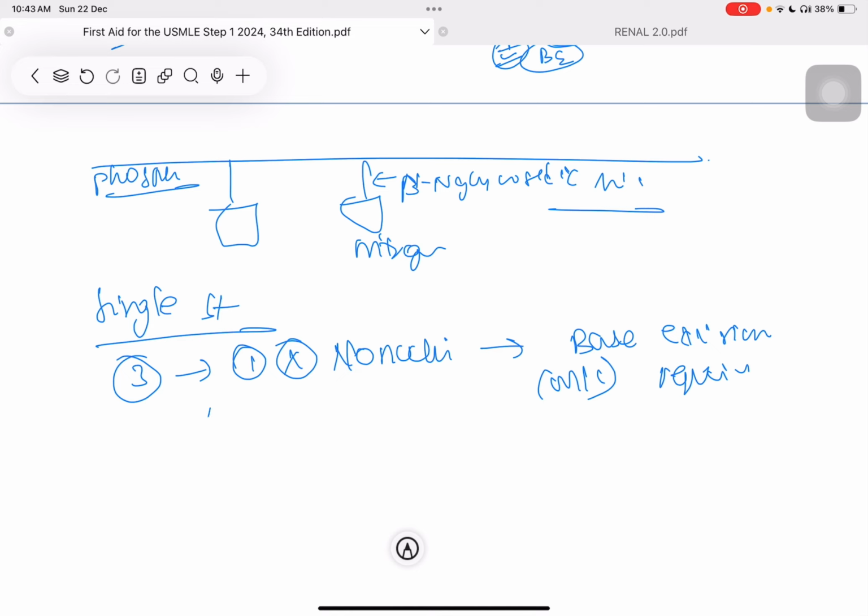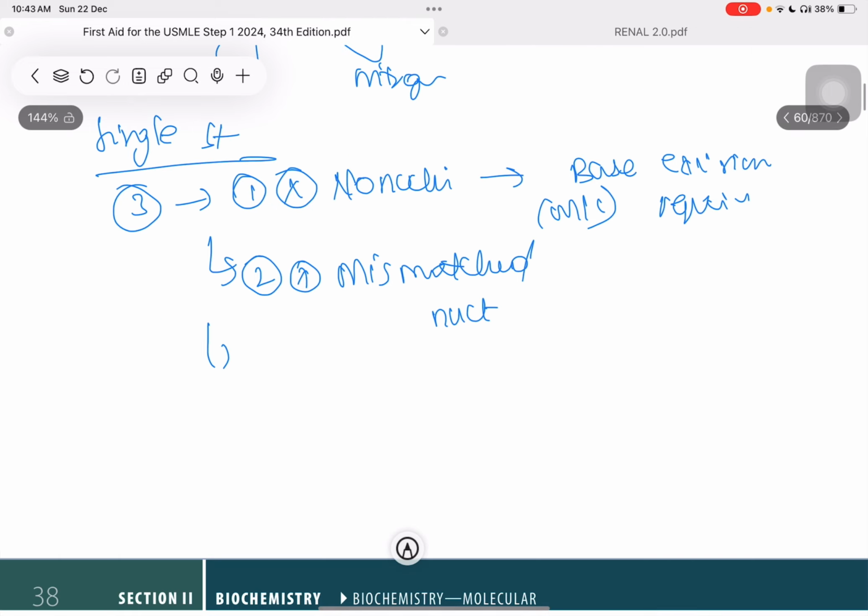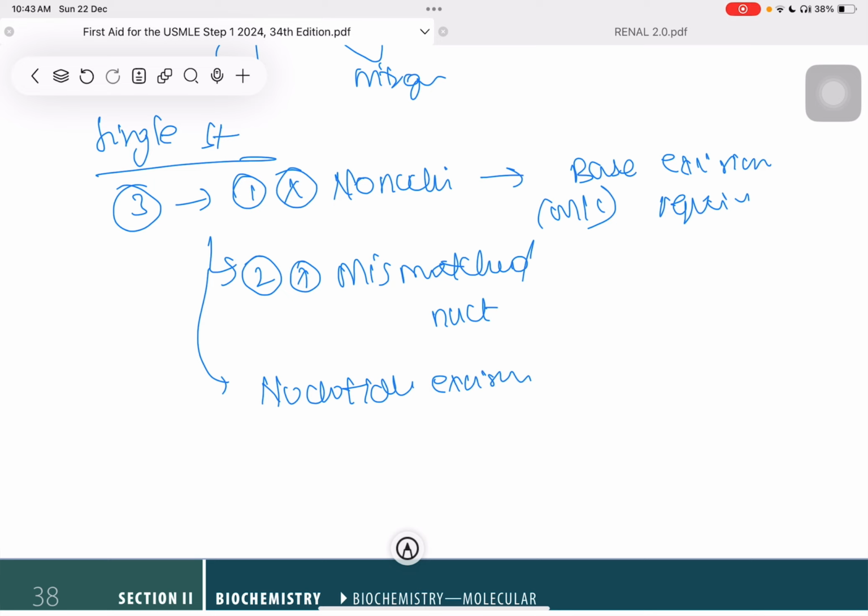Or you have a mismatched nucleotide placed over here, or else you can have a dimerization by UV light, which is known as nucleotide excision repair. This occurs due to UV light.